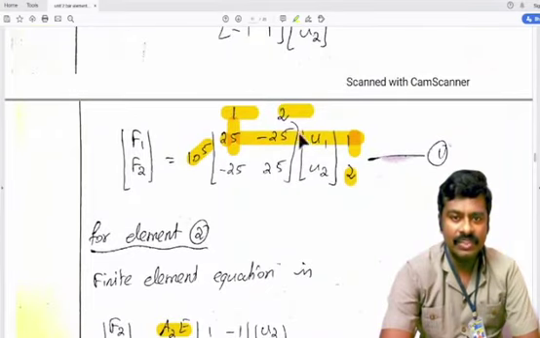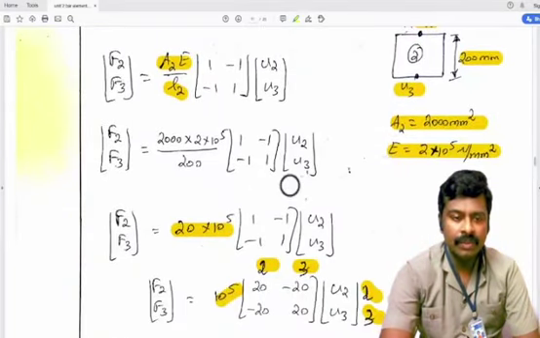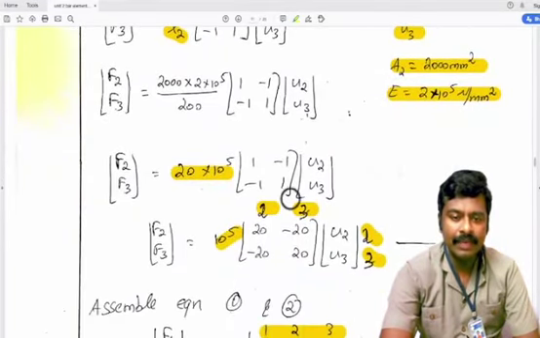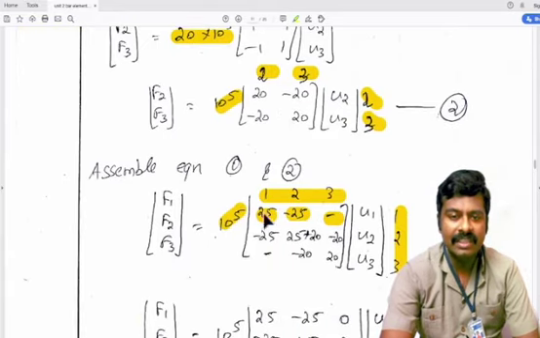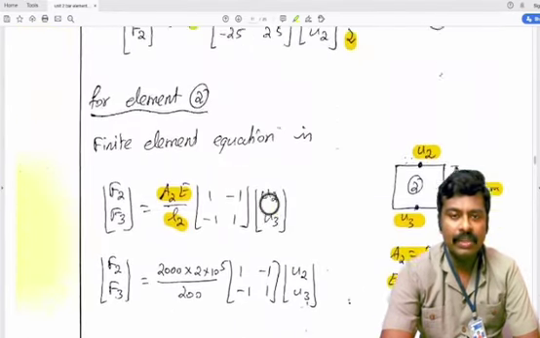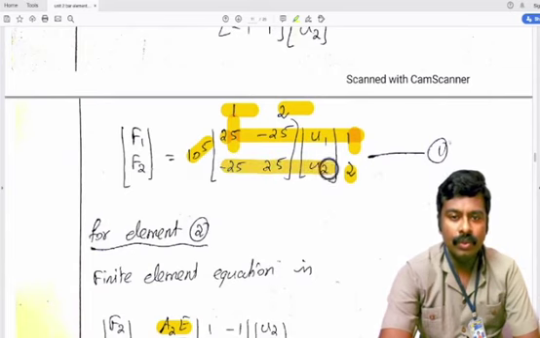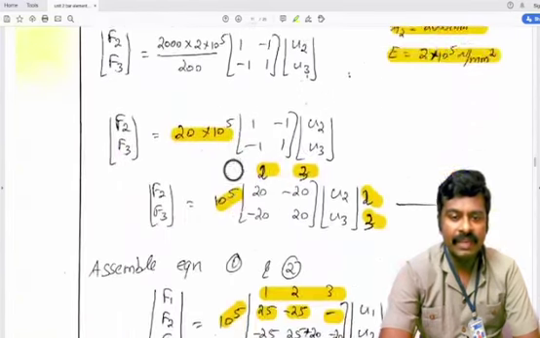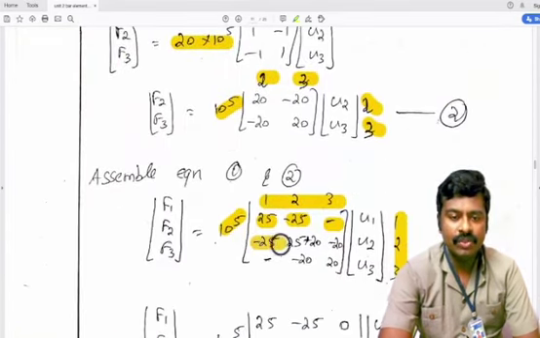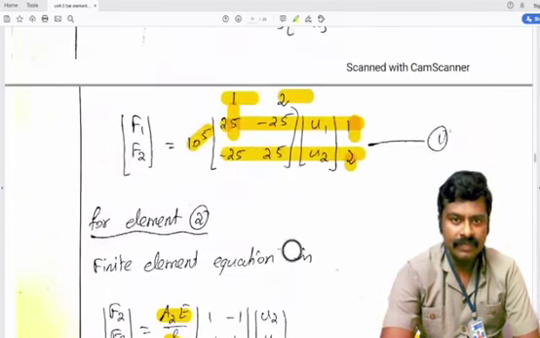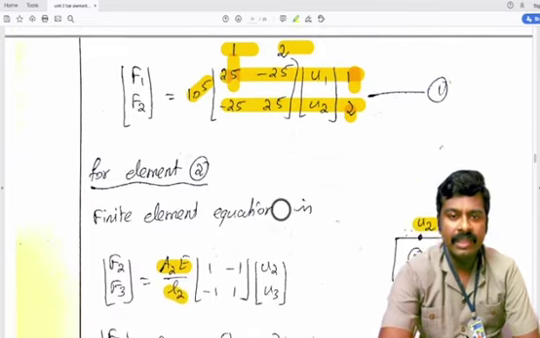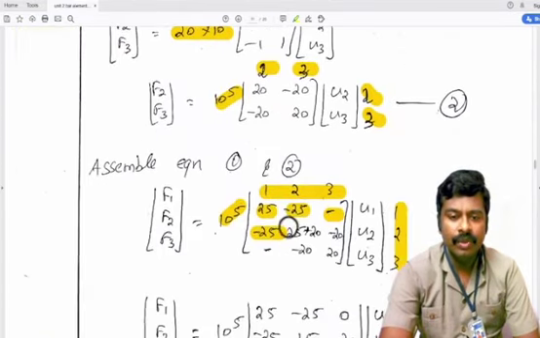There is no 3 1. Element 2 also has no 3 1, therefore simply we put a dash. Similarly 1 2, the value is minus 25, here we put minus 25 for 1 and 2, and 2 2, here the value is 25, therefore here we put 25.